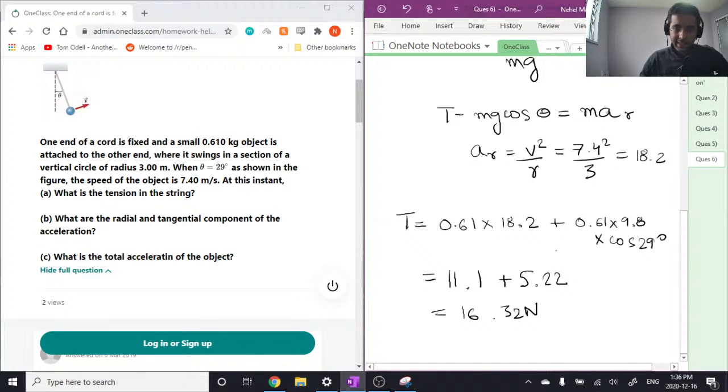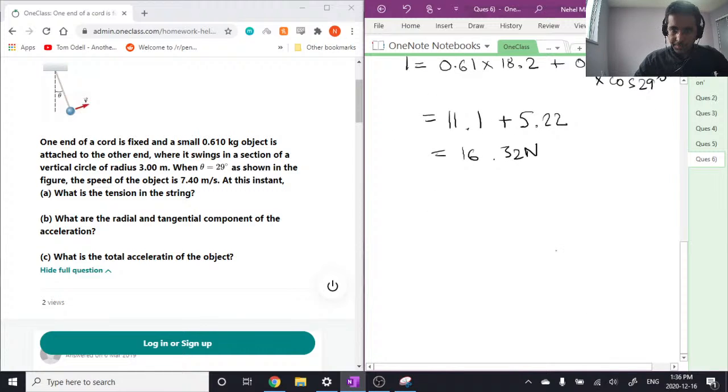What is the radial and tangential component of the acceleration? So for part B, we need to calculate v_t and v_r. We are given v_r in fact, which is equal to 7.4 meters per second.